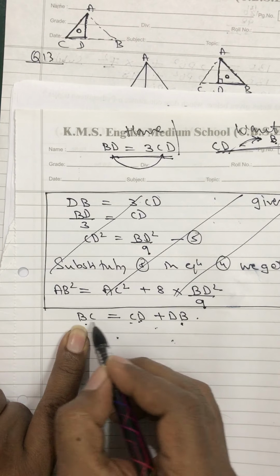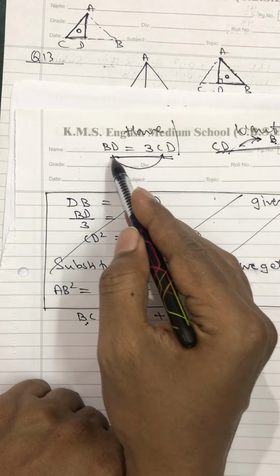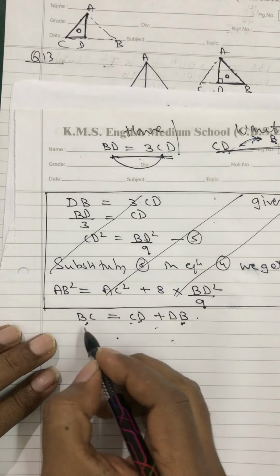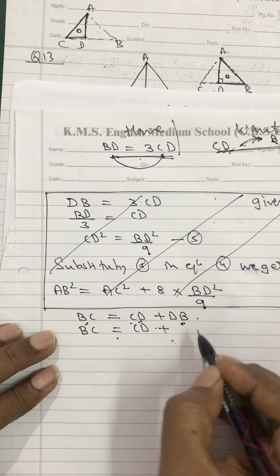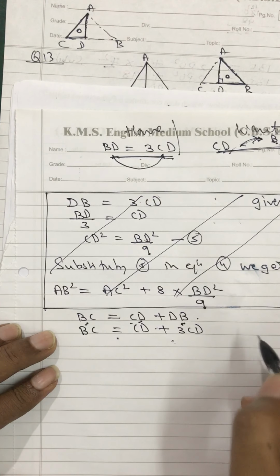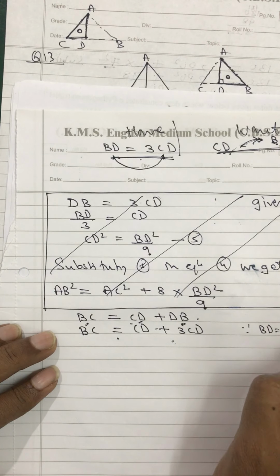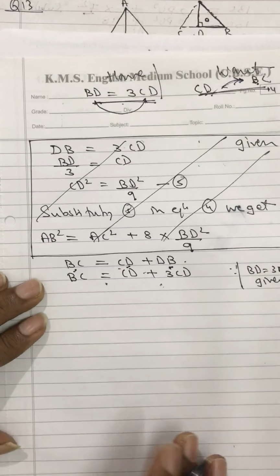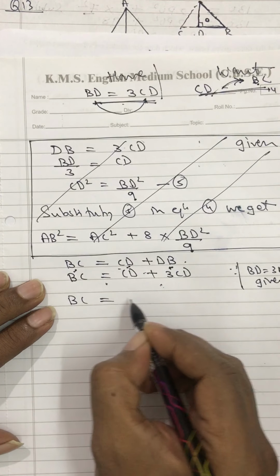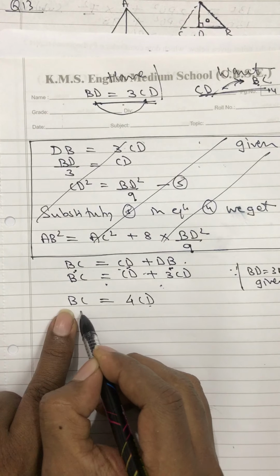I want CD and BC. I don't want BD. And BD is equal to 3CD, it is given. So BC is equal to CD plus 3CD. So what am I getting? BC is equal to 4CD. Now I got the relation between CD and BC.